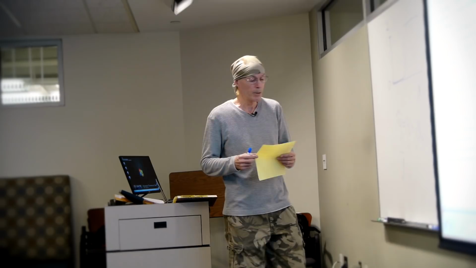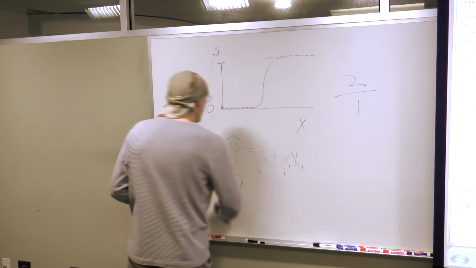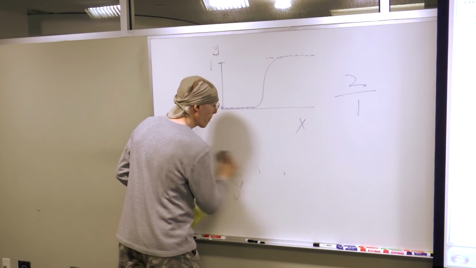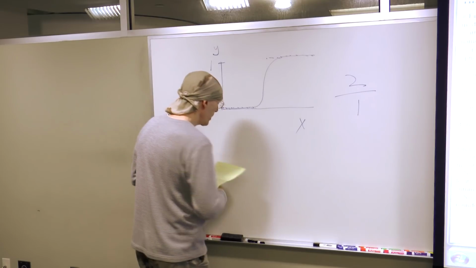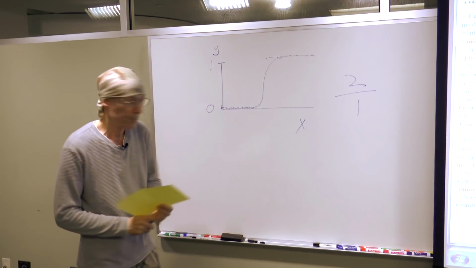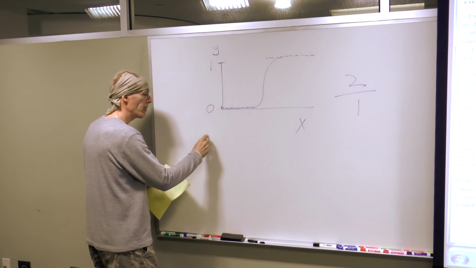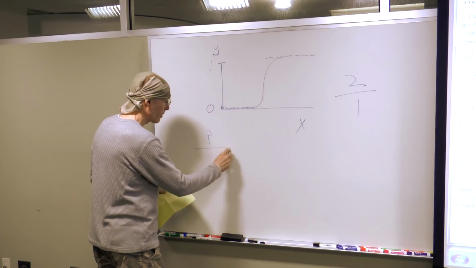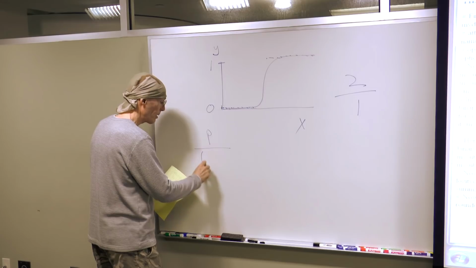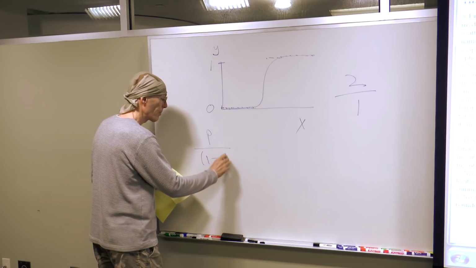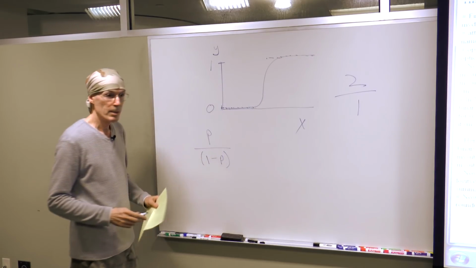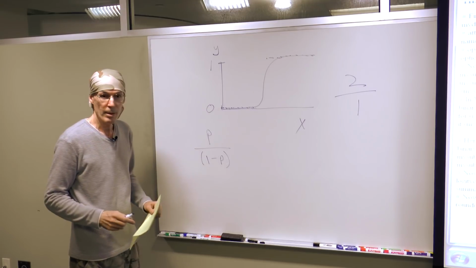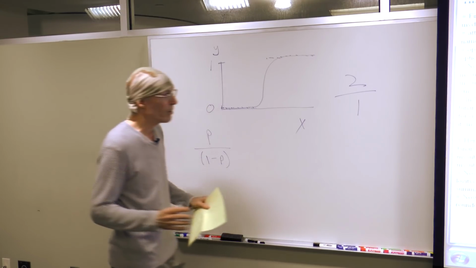So what we're going to do is the following. We're going to take that odds ratio and write it this way: the probability of success over the probability of failure. Now, I'm talking probabilities now. So how does that compare to this? It's the same thing, because look what happens.